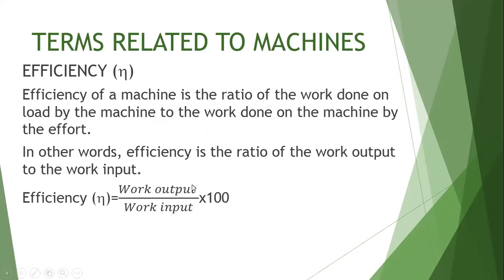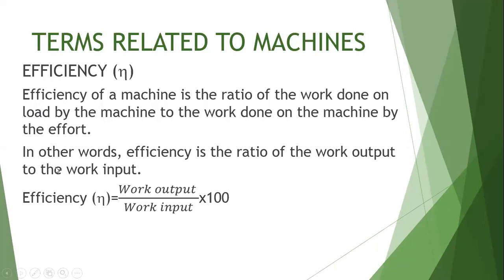What is efficiency? The efficiency is the ratio of work output upon work input. Means how much is the work done on the load to the work done by the effort. So the efficiency of a machine is the ratio of work done on the load, which is work output, to the work done on the machine by the effort, which is work input.